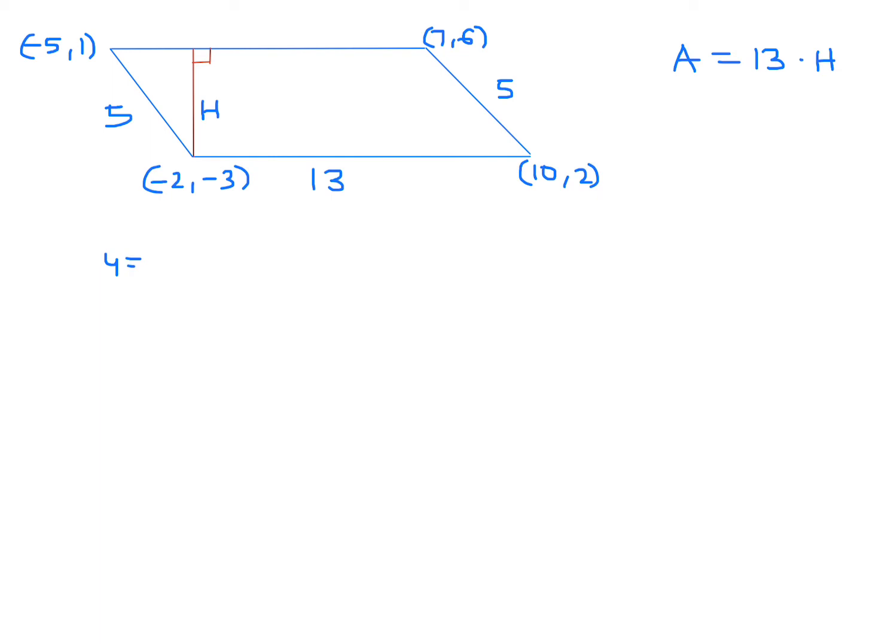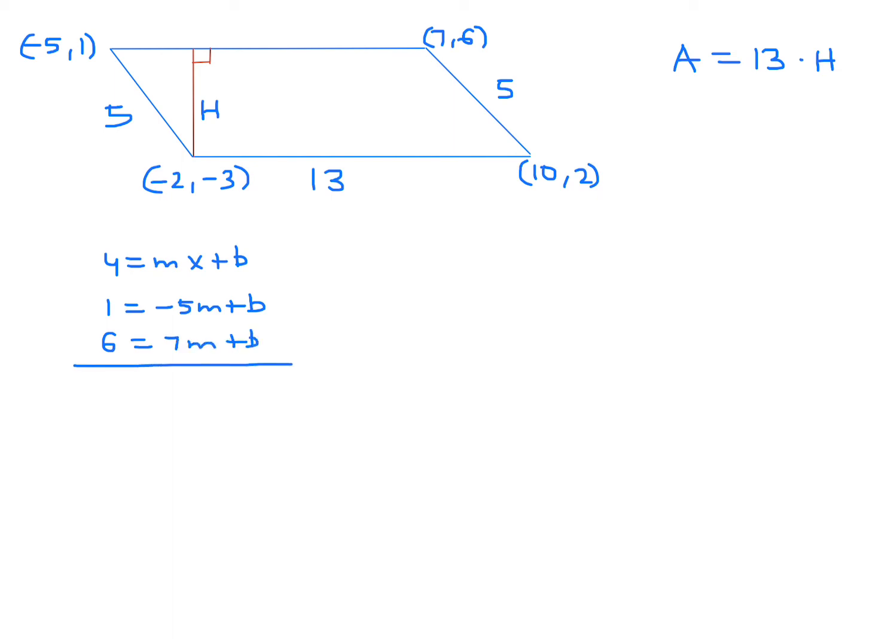I have 2 points. y equals mx plus b is the equation. I can substitute in the first point and the second point. The first point would give me 1 is equal to minus 5m plus b. The second point, 7, 6, would give me 6 is equal to 7m plus b.